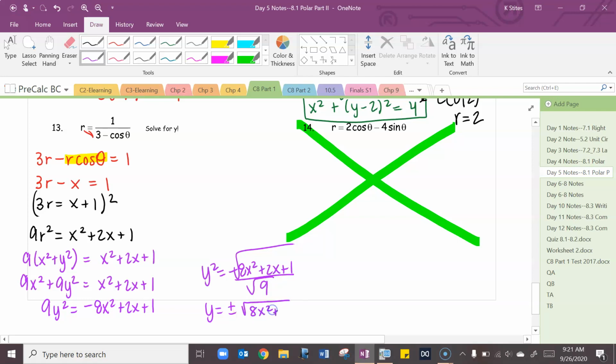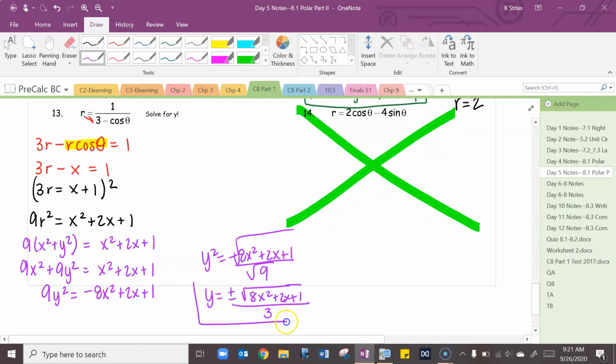Because I can take the square root of 9, that's just a 3. So that way my square root doesn't need to be on both top and bottom. Make sure you have that plus or minus. Oh, and I should have a negative 8x squared. It disappeared when I did my square root. So negative 8x squared plus 2x plus 1, all underneath the square root, over 3, and with a plus or minus in front. So there you go.